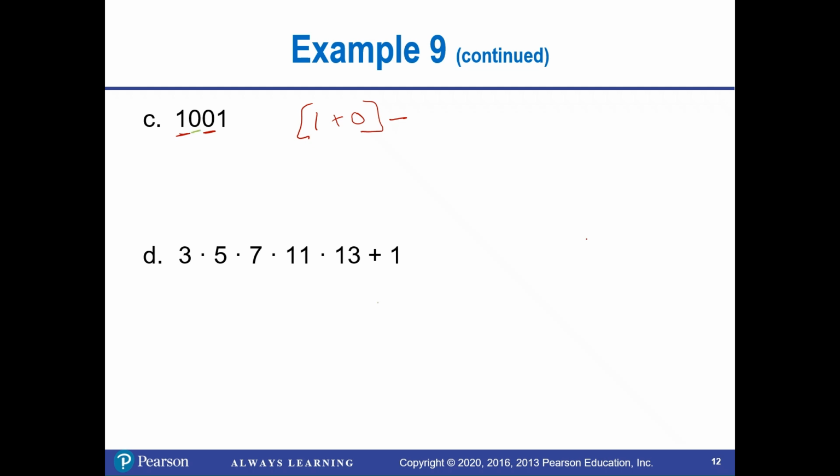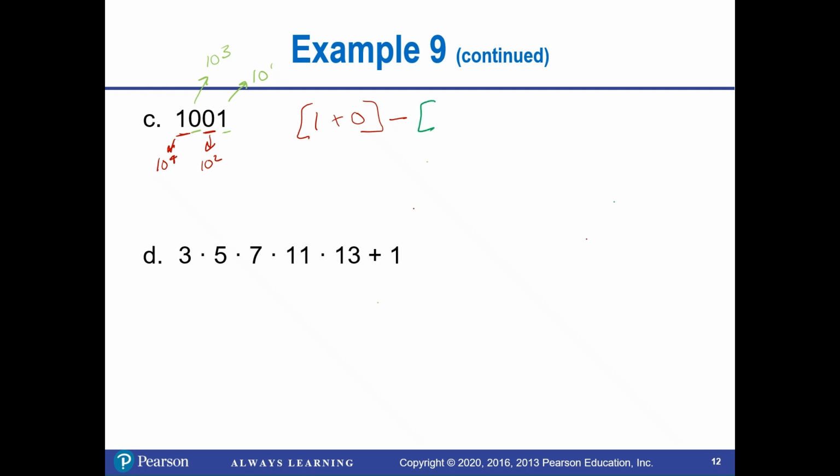So the odd powers of 10 are here, remember, because this is 10 to the 1, this is 10 to the third power, this was our 10 squared power, and our 10 to the fourth power.